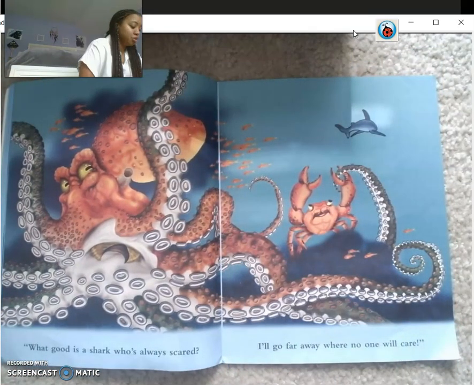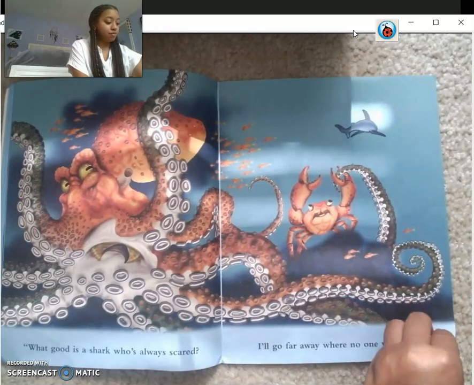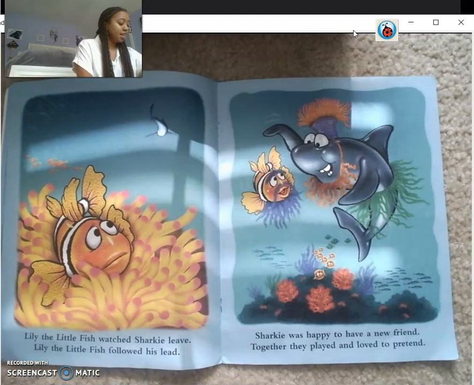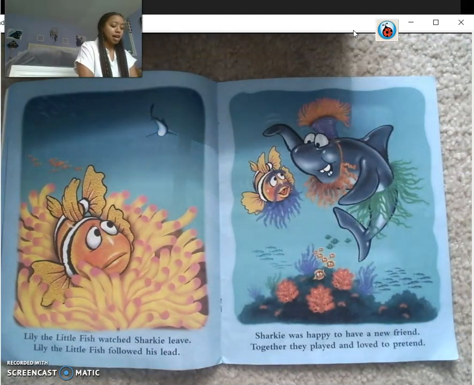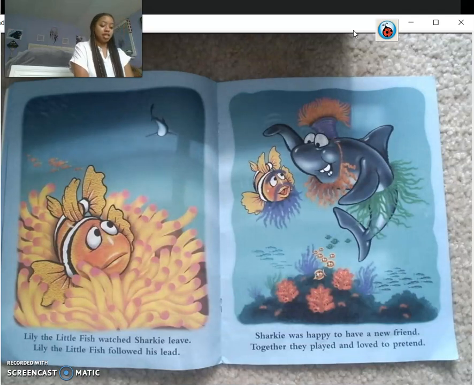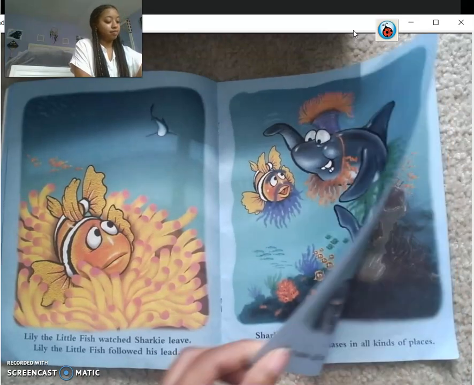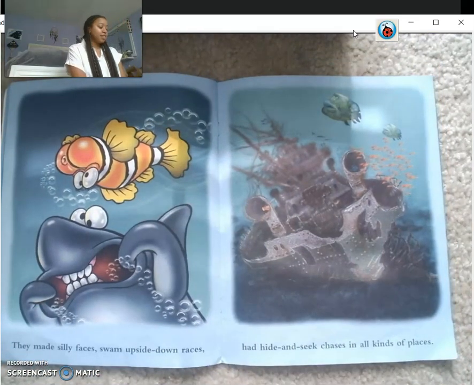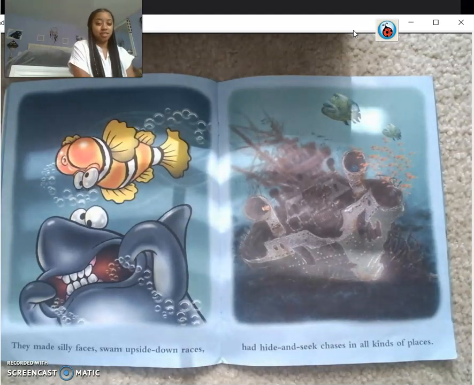What good is a shark who's always scared? I'll go far away where no one will care. Lily the little fish watched Sharky leave. Lily the little fish followed his lead. Sharky was happy to have a new friend. Together they played and loved to pretend. They made silly faces, swam upside-down races, had hide-and-seek chases, and all kinds of places.